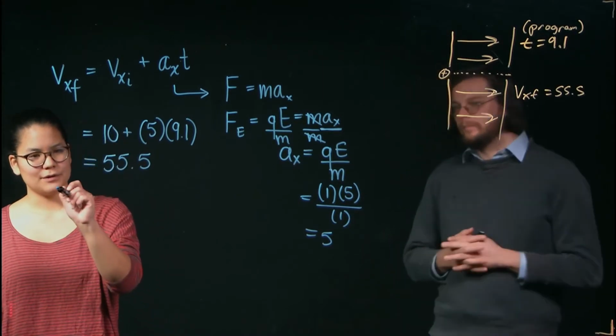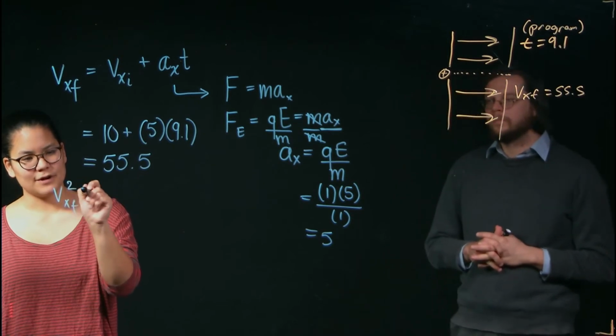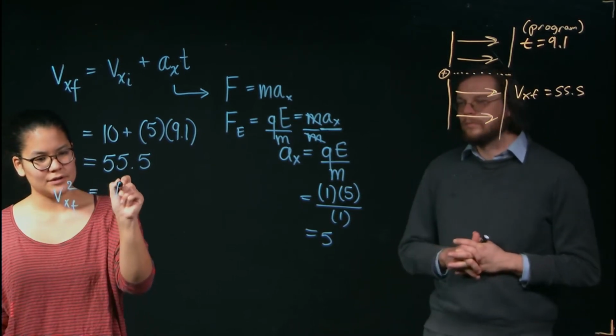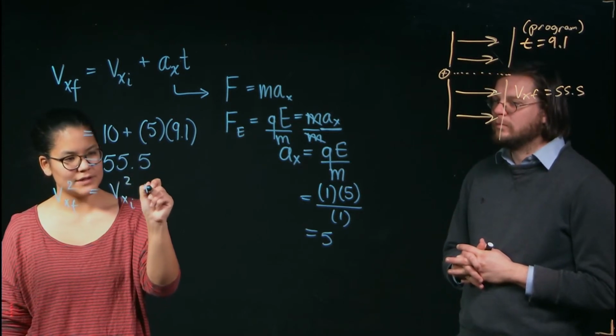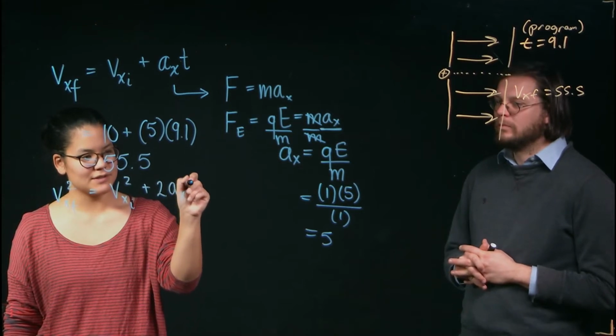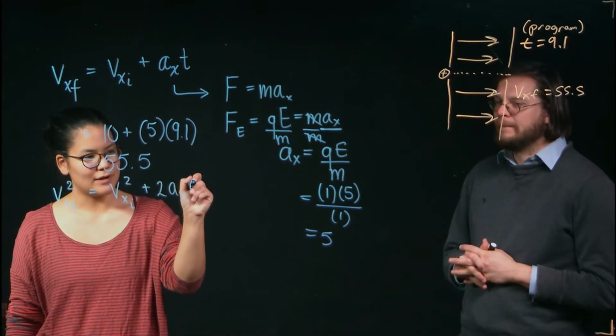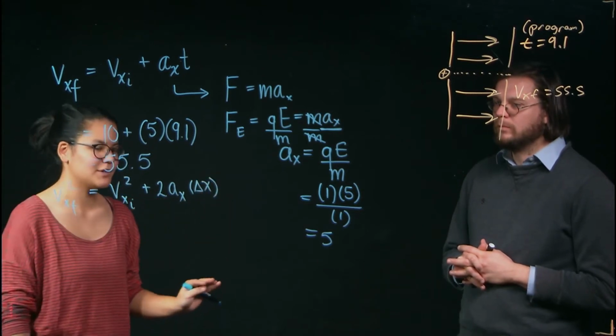So we can also relate the square of the final velocity to the square of the initial velocity plus 2 times the same acceleration in x, and now we're multiplying it by the displacement in the x direction.